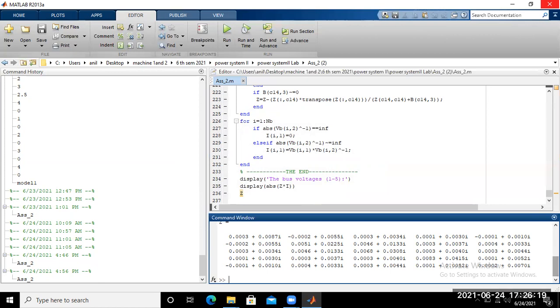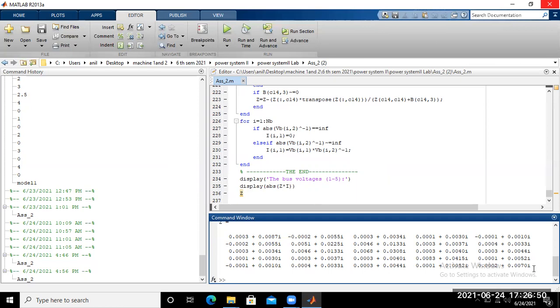Here you may observe the order of the impedance matrix. So this is your result for the impedance matrix. That means first column, second column, third column, fourth column, and fifth column. Similarly, you can observe 5 rows: 1, 2, 3, 4, 5. So the order of the impedance matrix is 5 by 5.